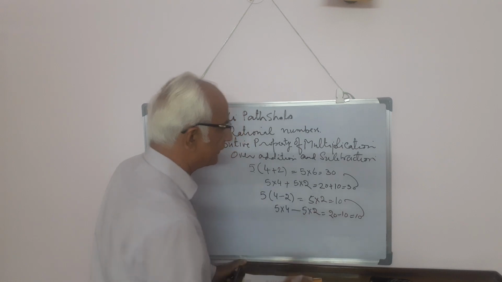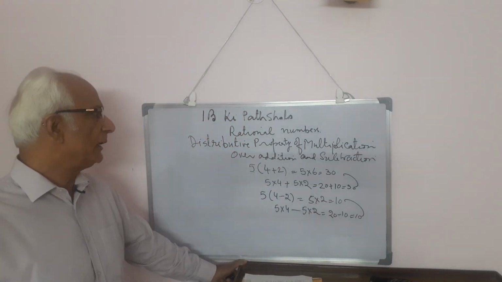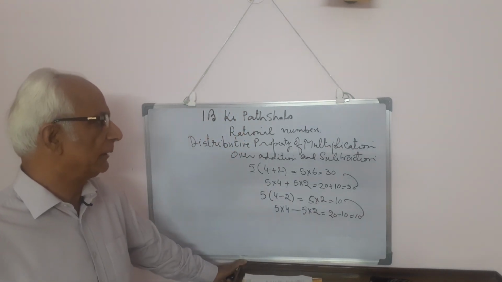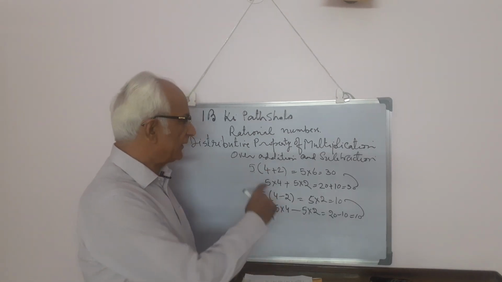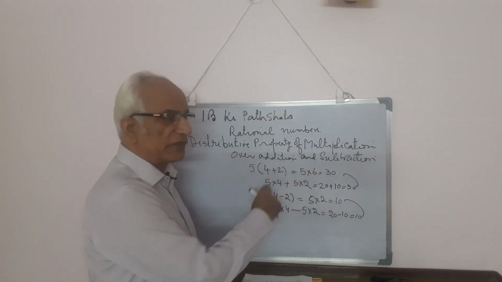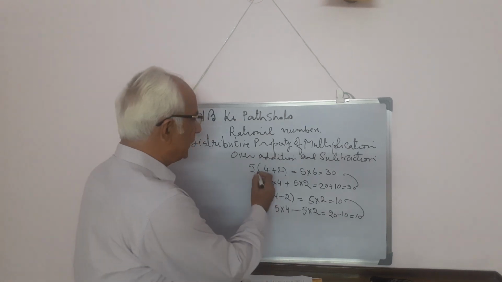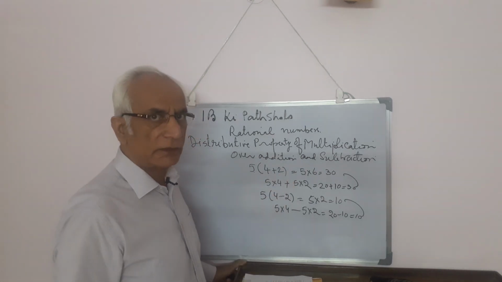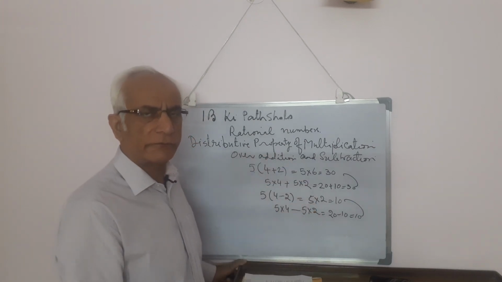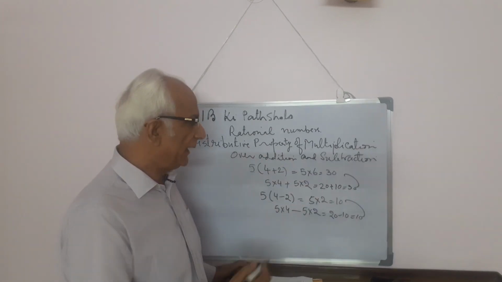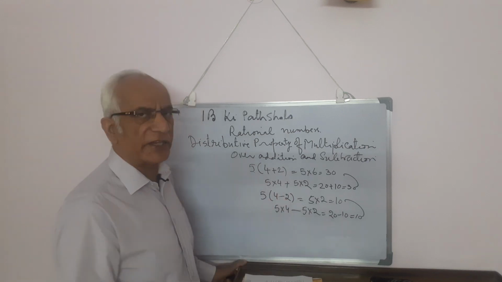Same. So this is called the distributive property of multiplication over addition and subtraction. The factor which is to be multiplied with the numbers in the parenthesis, or bracket, we can multiply this factor to each of those numbers and then either add or subtract as the case may be.